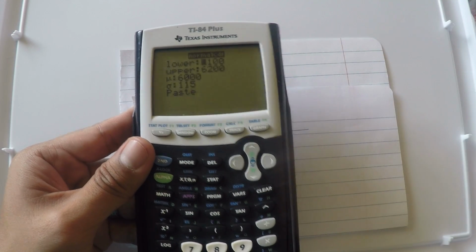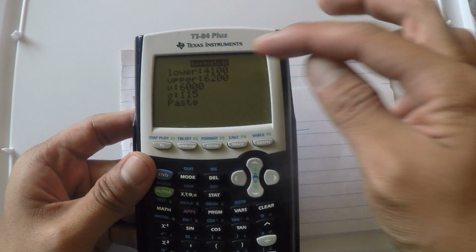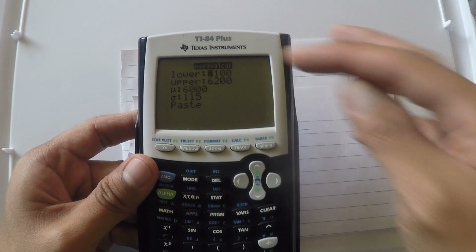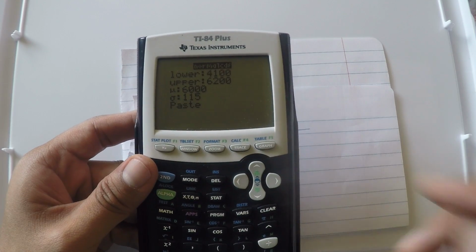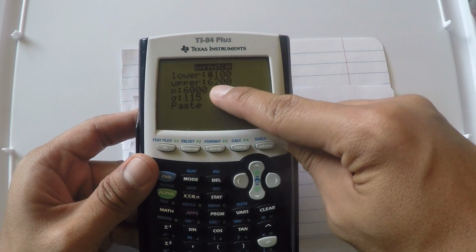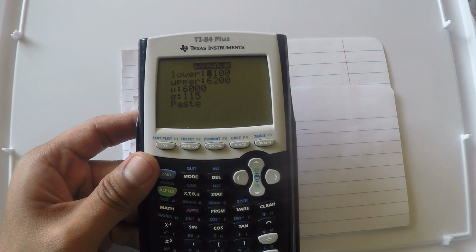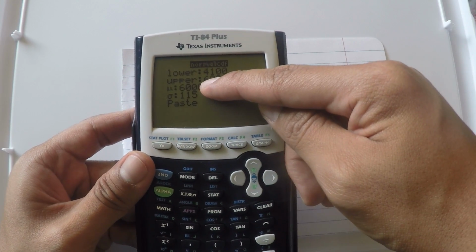We found out last video the different possibilities of writing a lower and upper level, but you always will have a lower and you always will have to write down an upper level when using your TI-84. Then your mean, which is the exact same as the population mean. So your sample mean will be the exact same as your population mean.